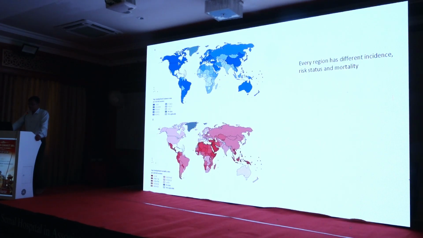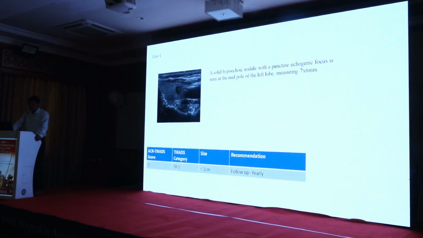The reason is that the risk of malignancy and the risk of thyroid disease varies from region to region, and the TIRADS risk of malignancy also varies, probably from Gwalior to TMH, because we have a high chance of malignant referrals. So our TIRADS category might be different compared to Gwalior. Like in this particular nodule, it is a solid hypoechoic nodule with a punctate echogenic focus, seen in the midpole.